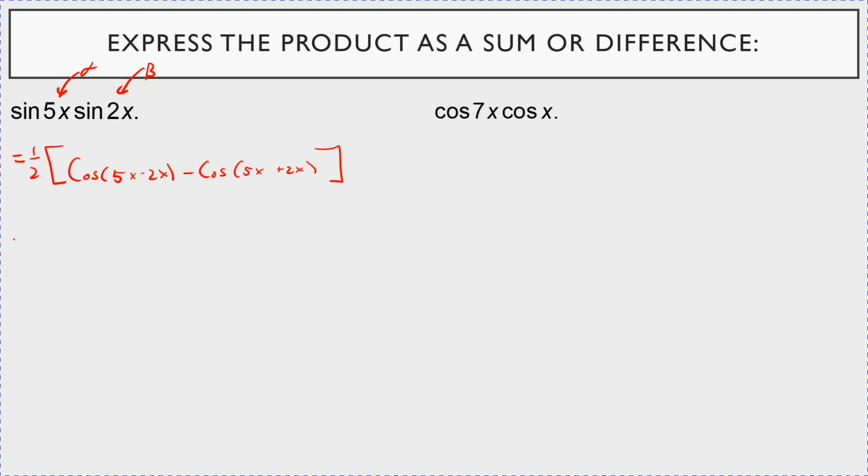Then you just clean this up. This is 1/2 of cosine of 5x minus 2x, which gets us 3x, minus cosine of 5x plus 2x, which is 7x. You leave this factored with the 1/2 out front. All you did was take a product and write it as a difference. That's it.